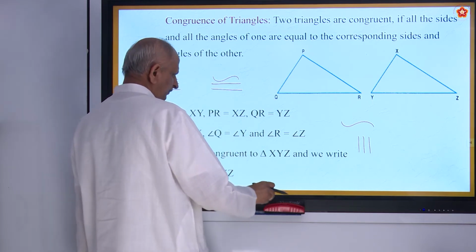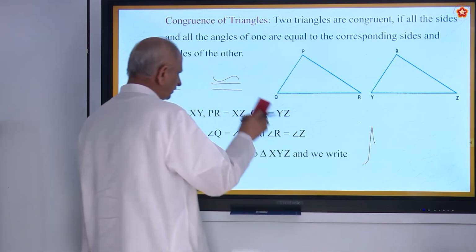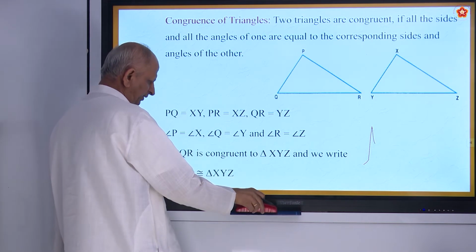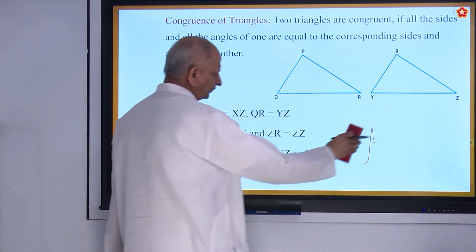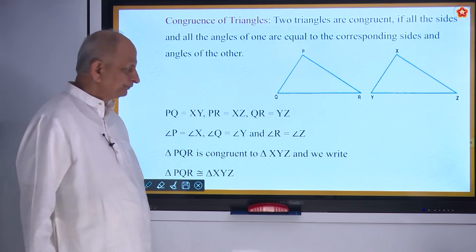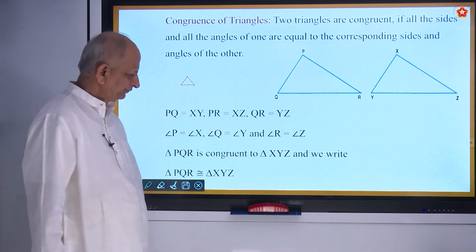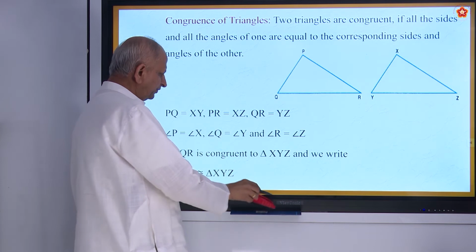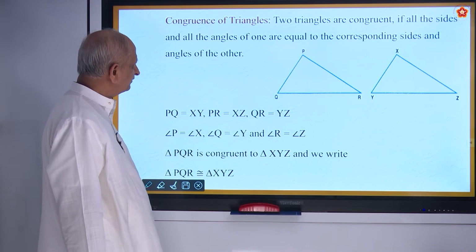This is about congruency, right? So triangle PQR is said to be congruent to XYZ. That's how you represent it. Please note, the small symbol you write is called triangle, and this symbol is called the congruence symbol.